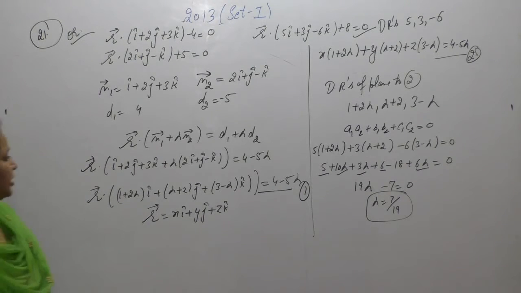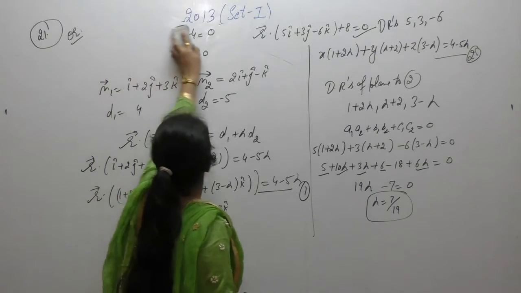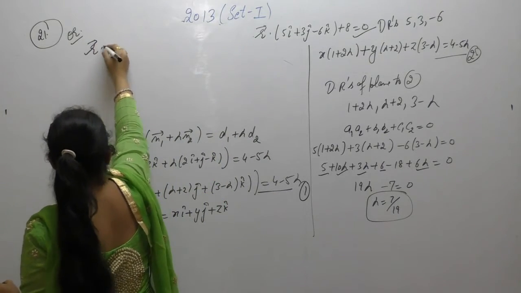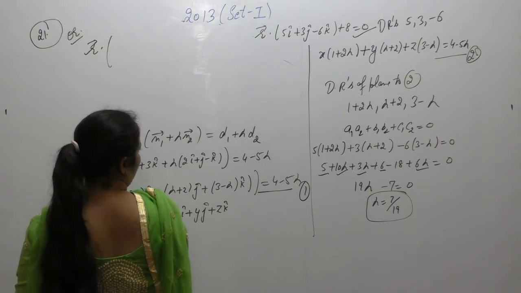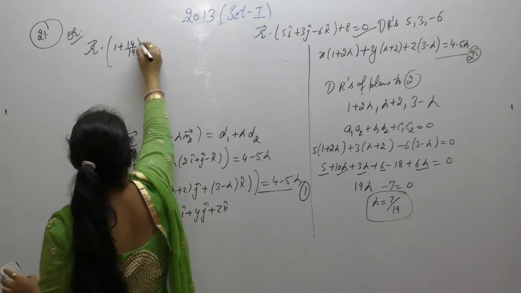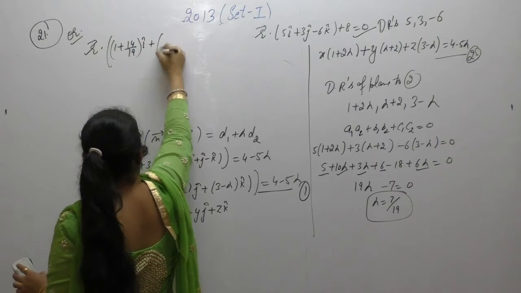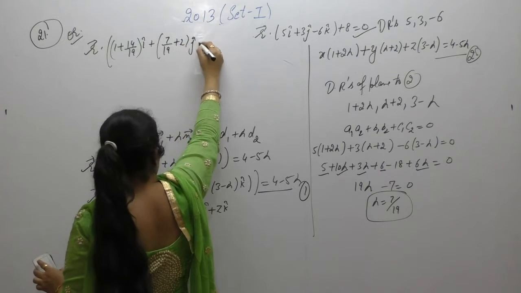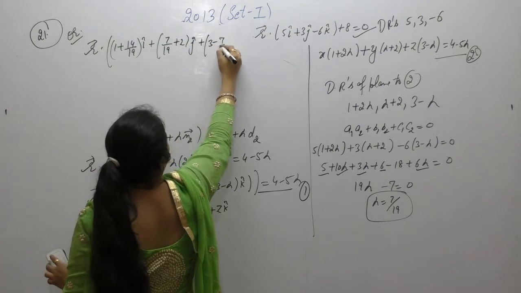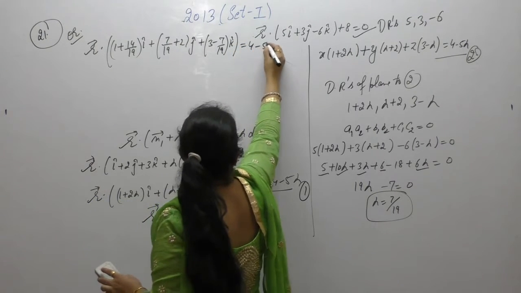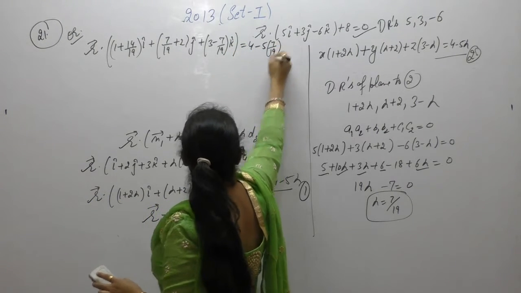Now put the value of lambda in equation 1. So r vector dot (1 plus 2 into 7, 14 by 19) i cap, (7 by 19 plus 2) j cap, (3 minus 7 by 19) k cap, equals 4 minus 5 into 7 by 19.